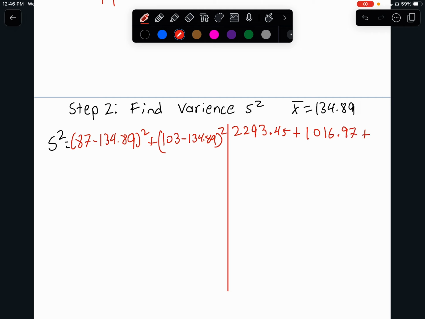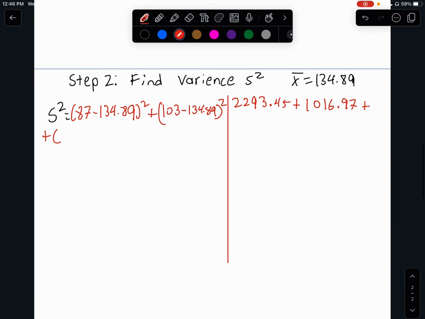All right, plus. Our next is 130. So we have 130 minus 134.89 squared. We type that into our calculator, the power of 2, equals 23.91.